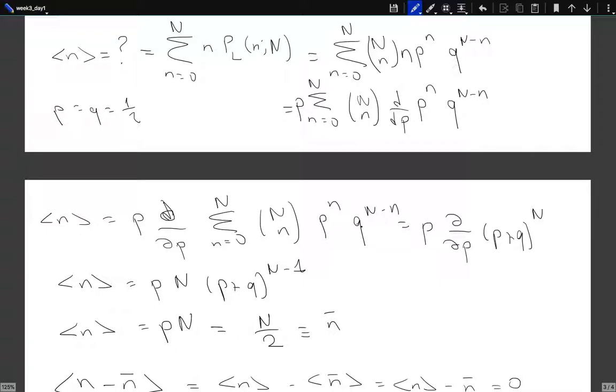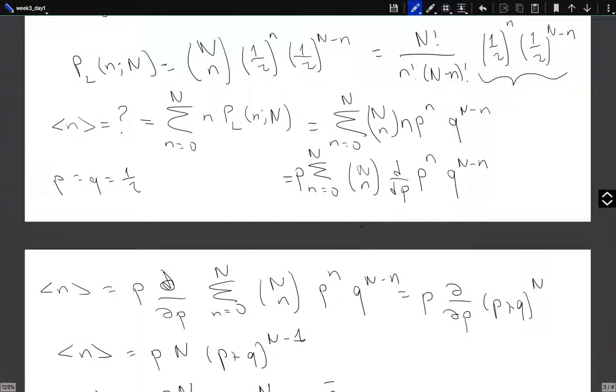So I have to divide by the normalization, which I didn't divide over here, to define this average. The average will actually be divided by P plus Q to the power n. This will be important in the derivatives.